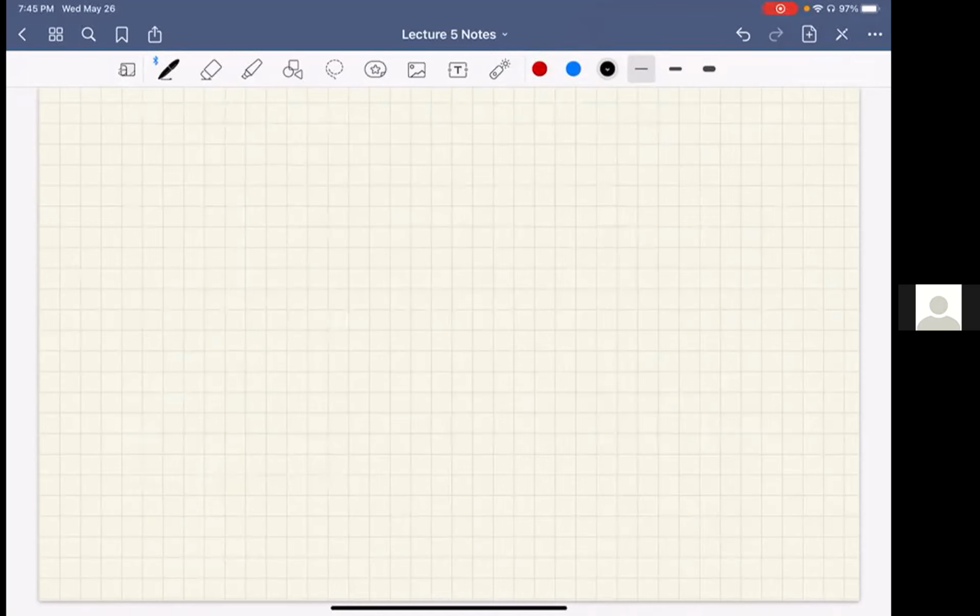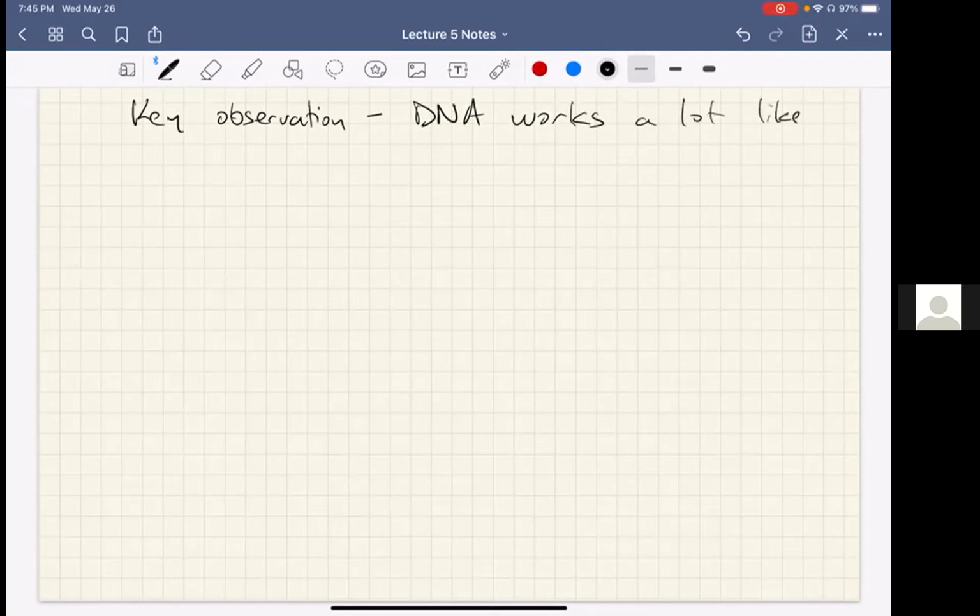So the key observation is that DNA works a lot like a computer. It might seem weird, but really what DNA is a sequence of instructions, as we're about to see.